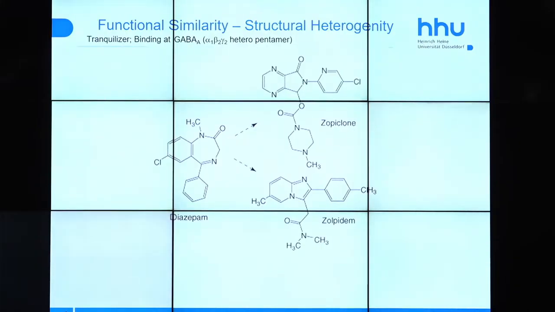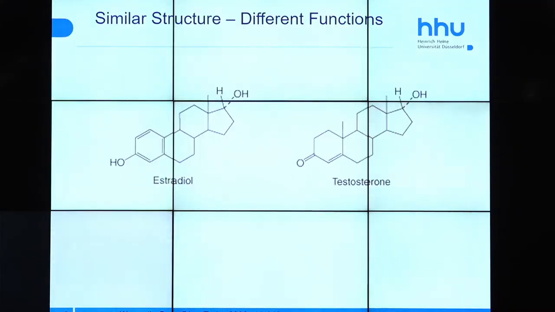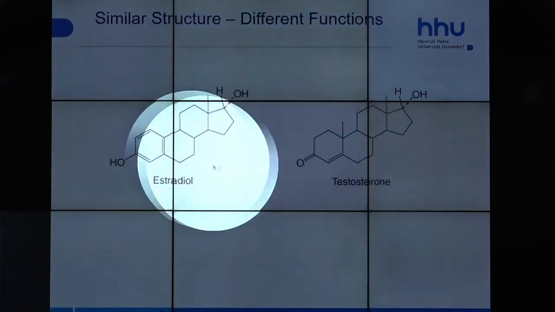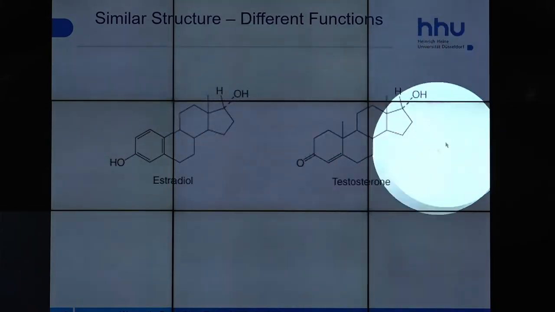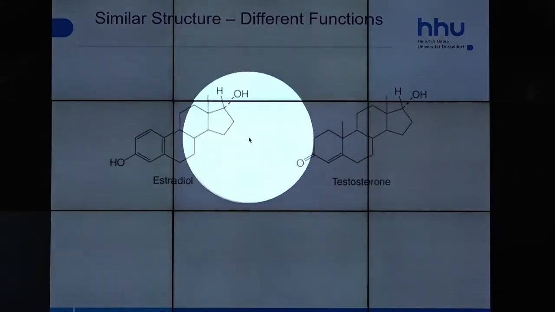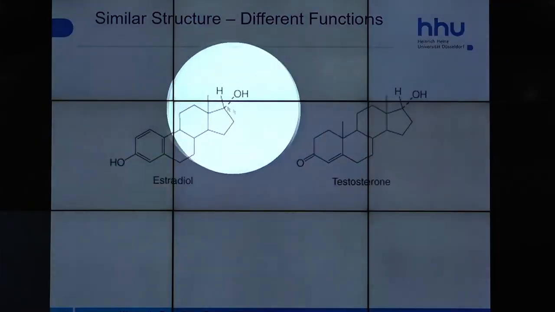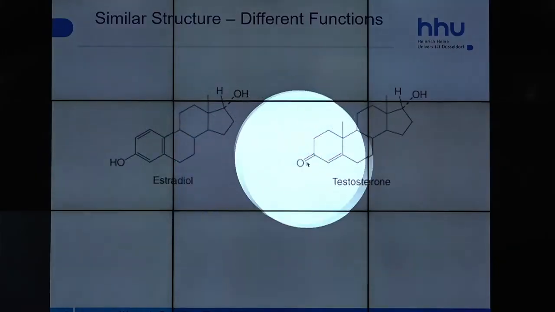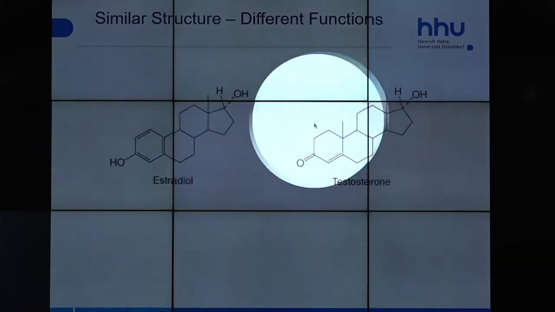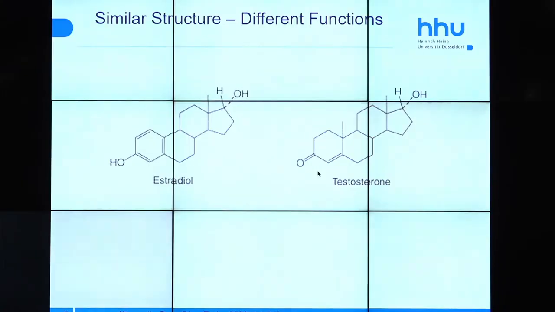You must also see that there are some very slight structural variations, like we have here with estradiol and testosterone. In this element everything is the same. The only difference is that you have a phenol compound here, and here an alpha-beta unsaturated ketone. And you clearly know that these are totally different hormones.